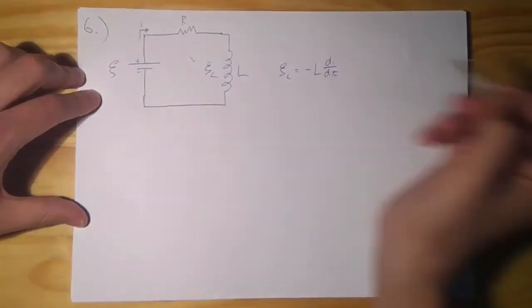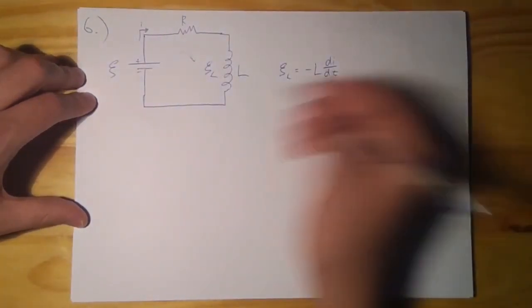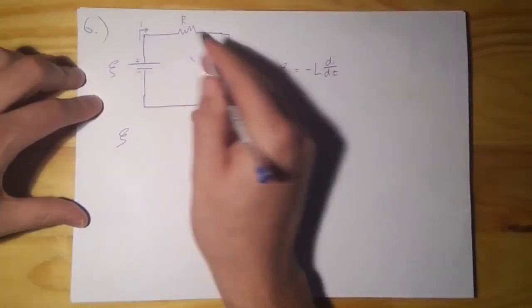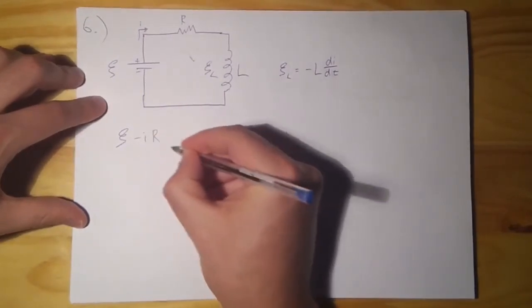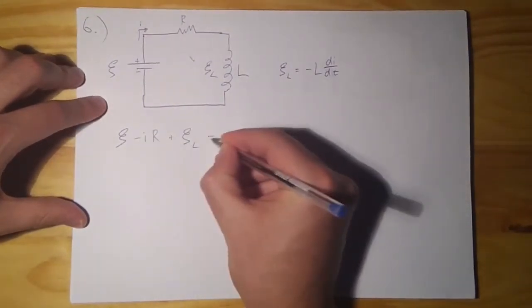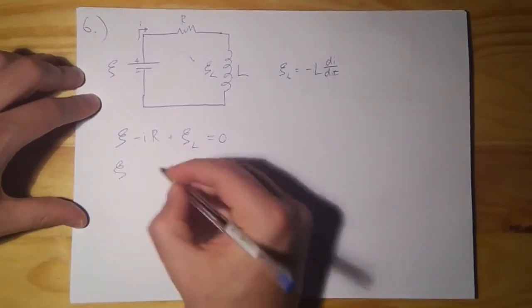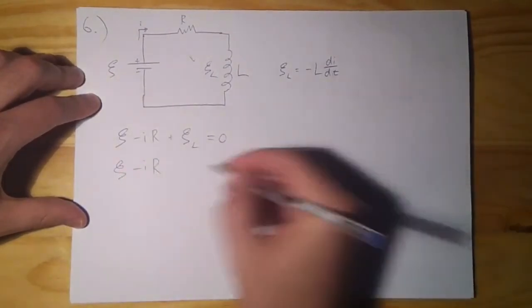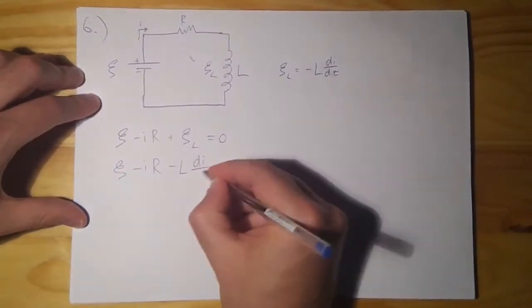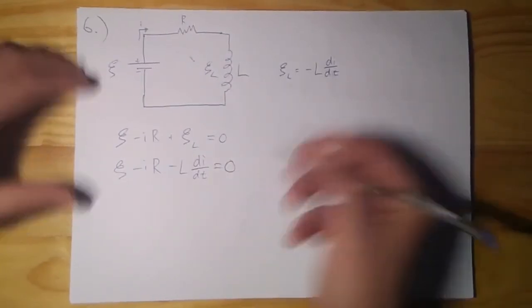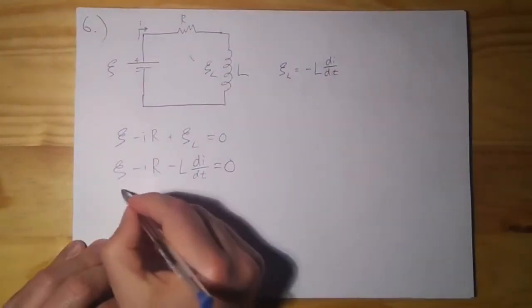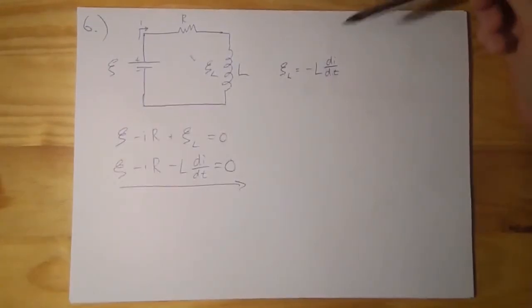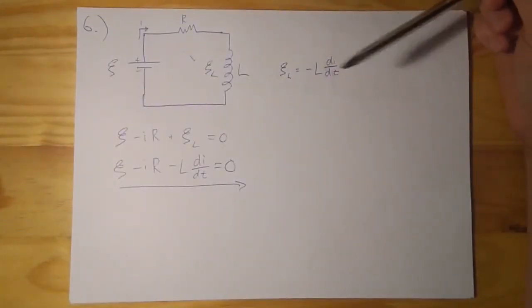So now it's the same thing. Let's just use Kirchhoff's loop rule, and we get xi, and there the same story as before. And then here comes plus xi L equal to 0, but that we know: this is minus L di/dt equal to 0. And that's it. Nothing fancy going on beyond that.